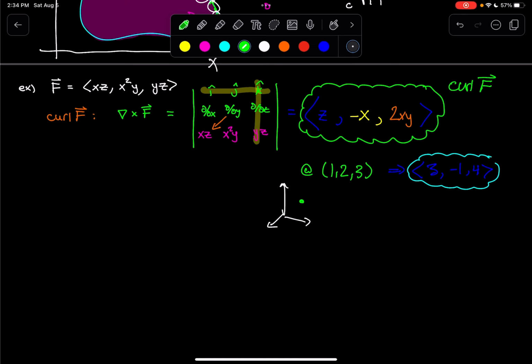Maybe that's right there. And we can put in this curl vector, which is (3, -1, 4). So maybe it points this way, and this is the vector (3, -1, 4). And that gives us some intuition that we're going to experience rotation in this vector field in that direction, okay? And so that's how calculating a curl vector goes.